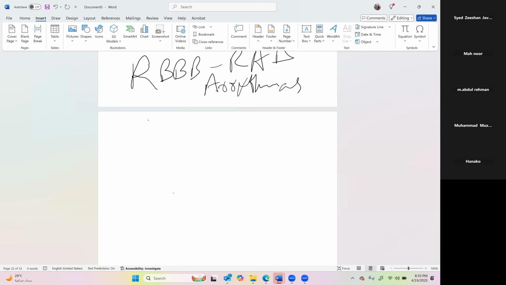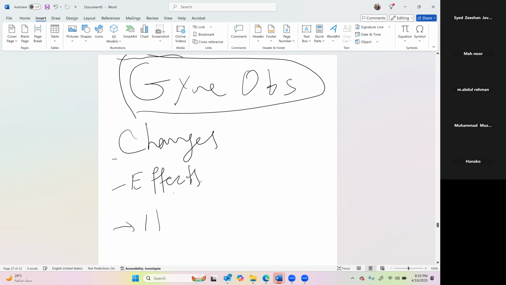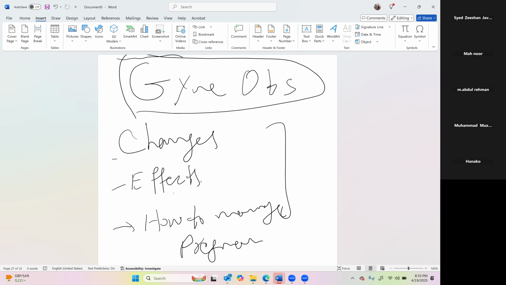Before we start, can someone quickly review the changes, the effects, and how to manage in these three aspects, the changes in the pregnancy? Abdurrahman, would you like to tell?